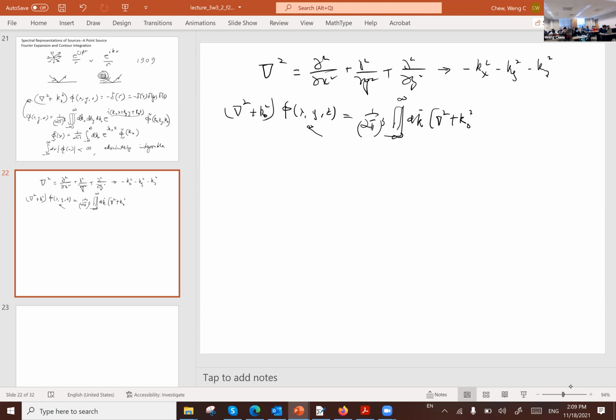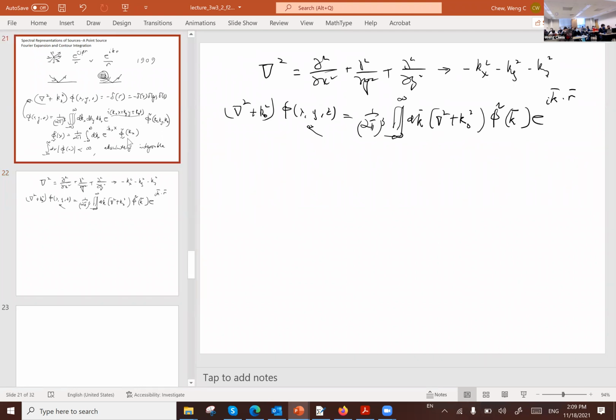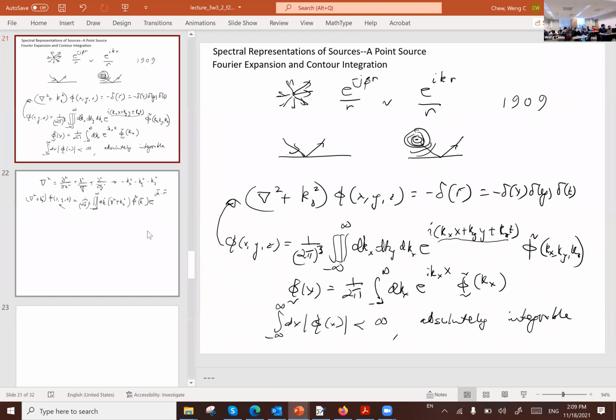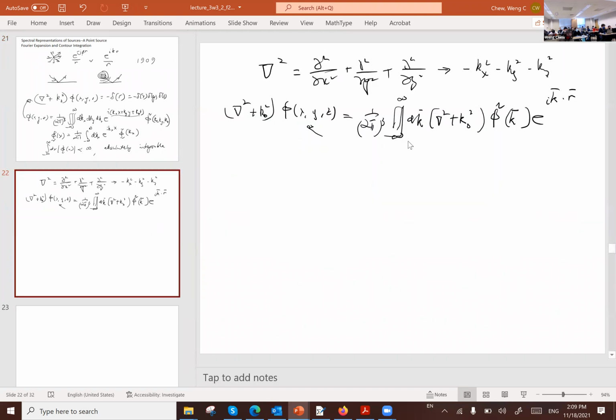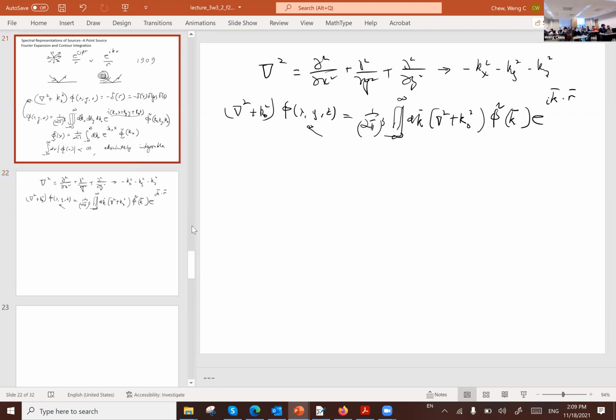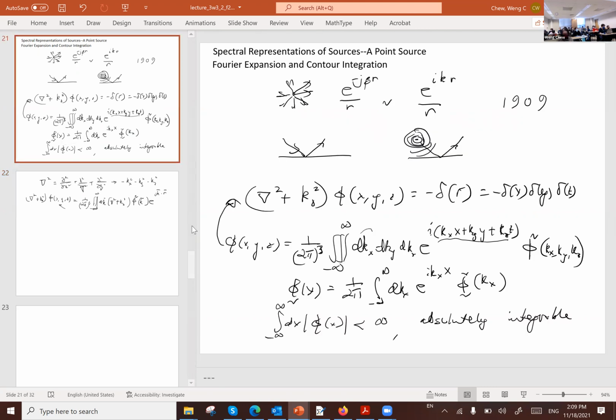Let me call this k naught squared. B tilde k, e to the i k dot r. This is just a shorthand notation for this complicated looking exponent up here. I just replace that with a shorthand notation. This I'm just going to say is dk.